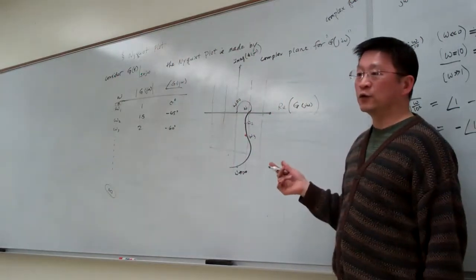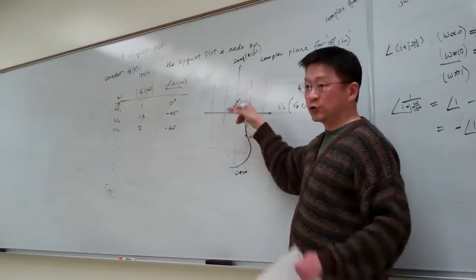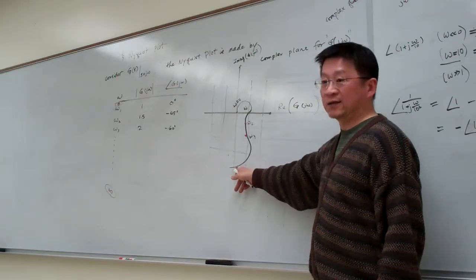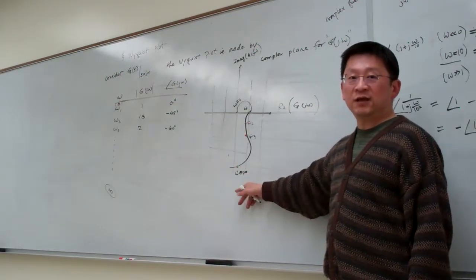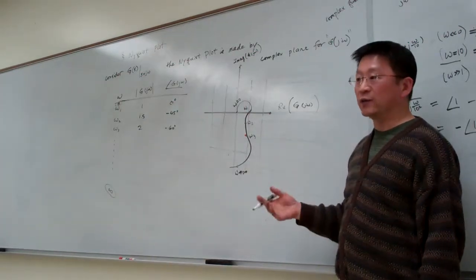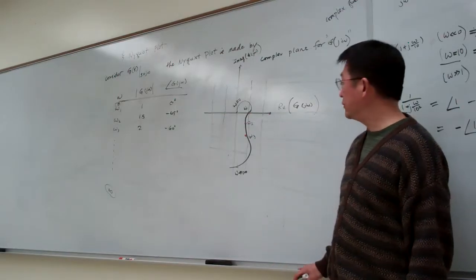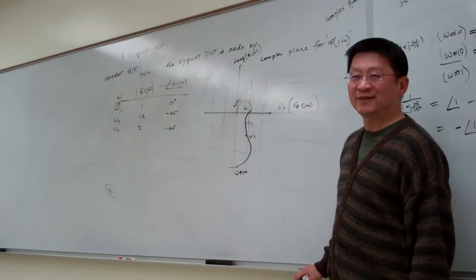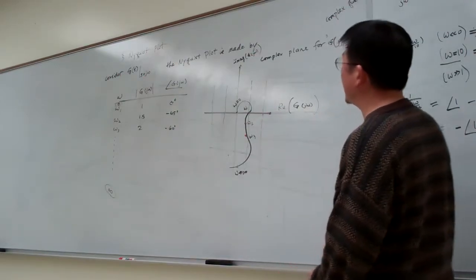People like to note where the plot starts, corresponding to omega equal to 0, and where it ends, corresponding to omega going to infinity. Easy, right?